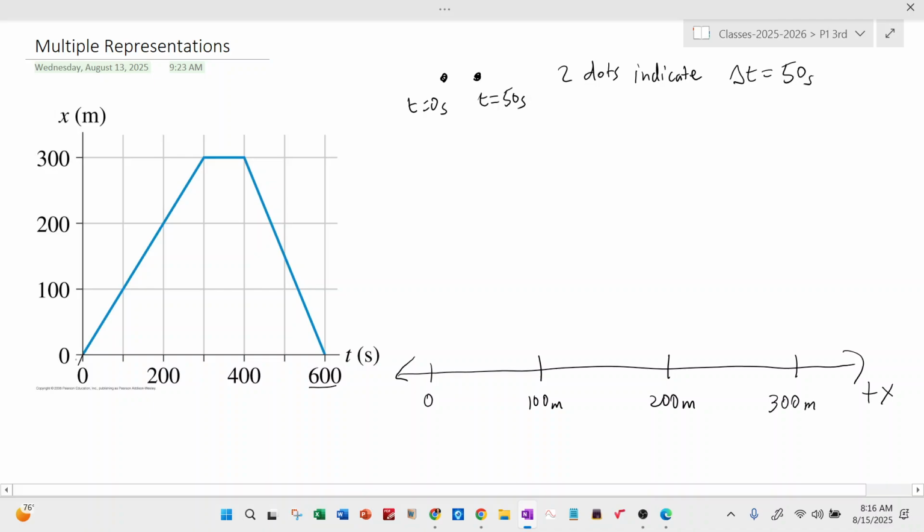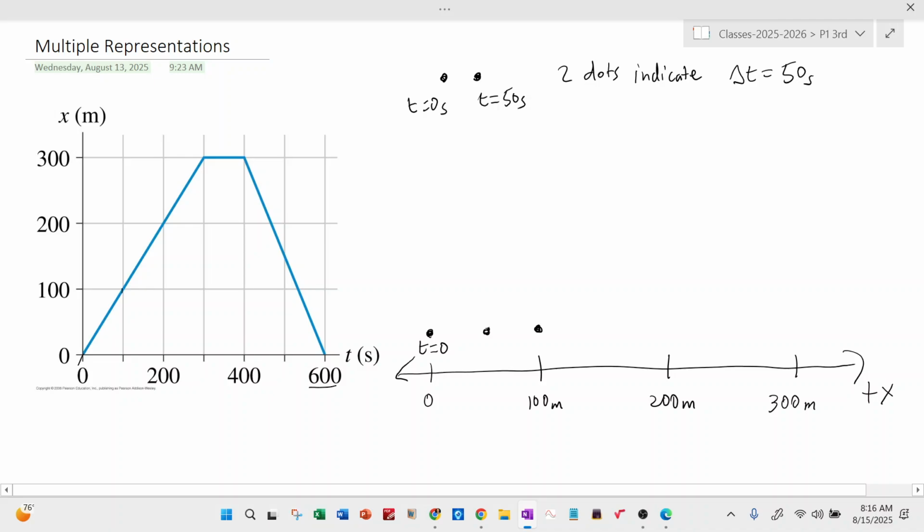So the object starts at 0, 0. Here, I'm going to move that up a little bit. I usually like to indicate the first dot by saying t equals 0. And then at 50 seconds here, the object is at 50 meters. At 100 seconds, the object is at 100 meters. So I can draw the dots that show that.